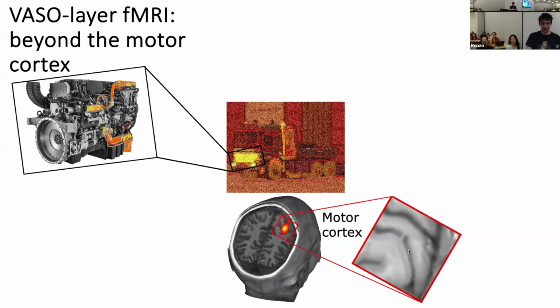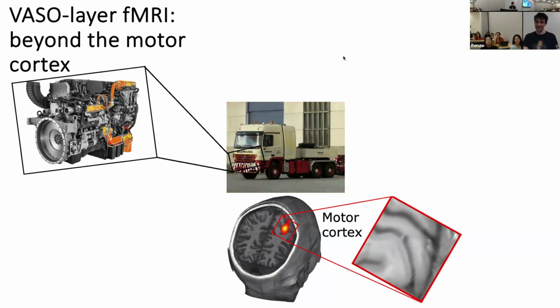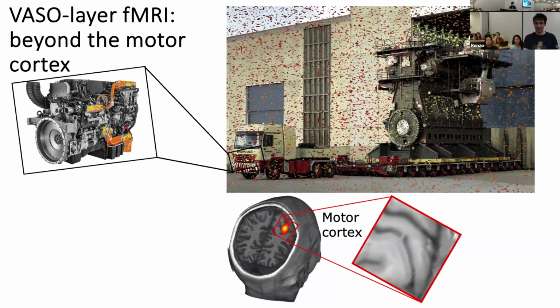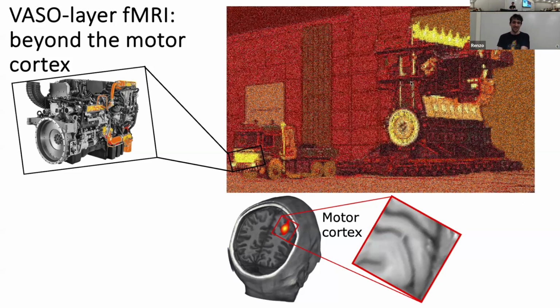The cheeky thing was that I introduced this as a regular truck engine that's embedded in a system. That's not really the case in the motor cortex. The motor cortex is not like a regular truck engine. It's like the biggest engine there is. It's isolated, and it's like 4 millimeters thick. Any other cortical areas are in the range of maybe 2 or 3 millimeters max. And it's relatively easy in this isolated case to look at input versus output.